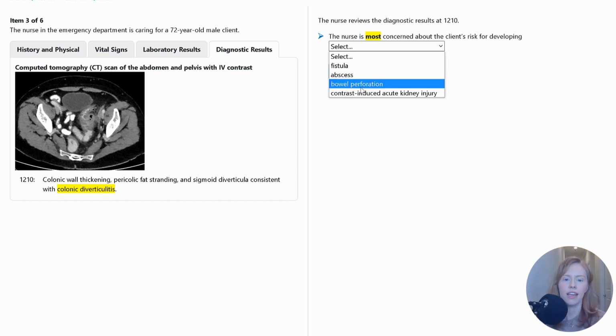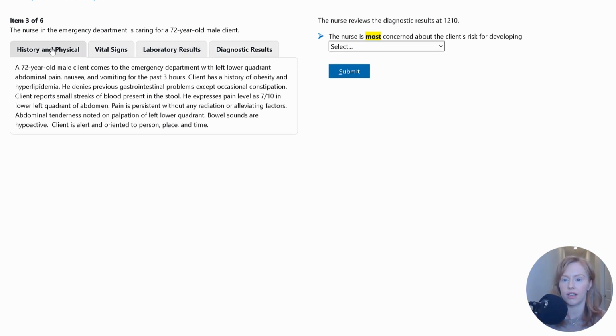And then finally, a risk for contrast-induced acute kidney injury. Now, this client did get IV contrast in order to get this scan. Most often, large volumes of IV contrast in someone who has chronic kidney disease can create a contrast-induced acute kidney injury. He doesn't have any chronic kidney disease when we look at his history here.